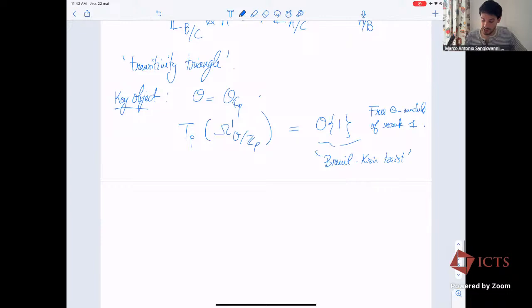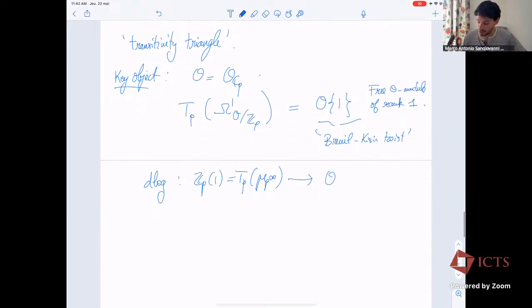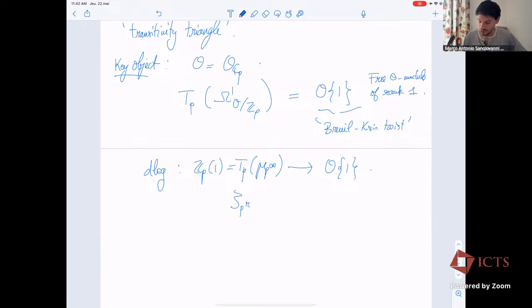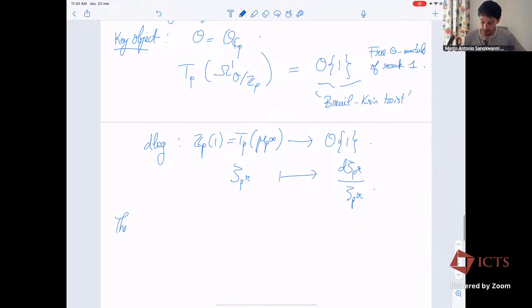Okay, and there is a map, the log, from Z_p(1), so this is the Tate module of mu p infinity, this p-divisible group, going to O curly 1, which sends a compatible system of roots of unity, zeta p to the r, to d of zeta p to the r over zeta p to the r.